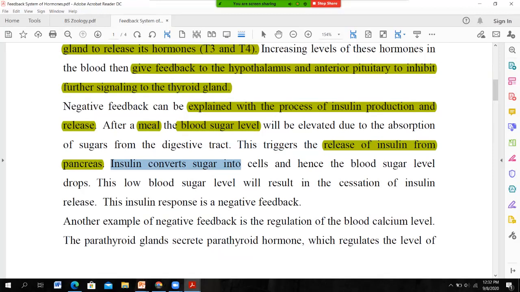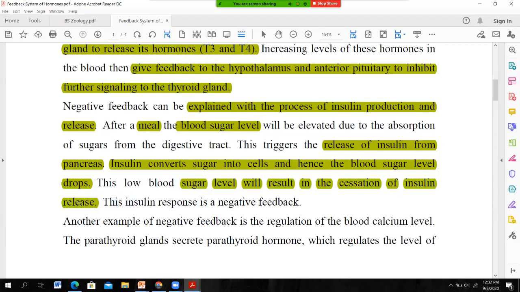Insulin moves sugar into the cells, and hence the blood sugar level drops to a certain concentration. This low blood sugar level signals the beta cells of the pancreas to inhibit further release of insulin. So the production of insulin and its inhibition is due to the negative feedback mechanism.